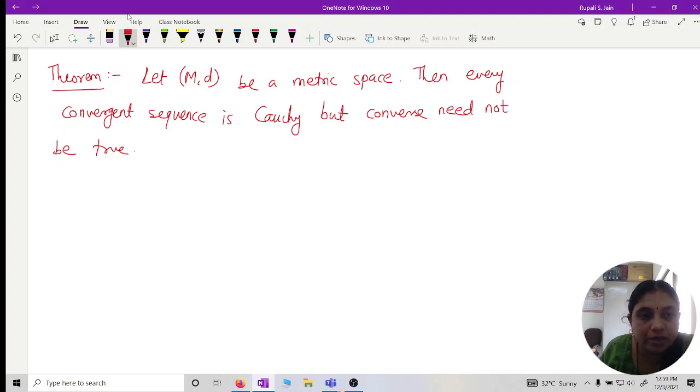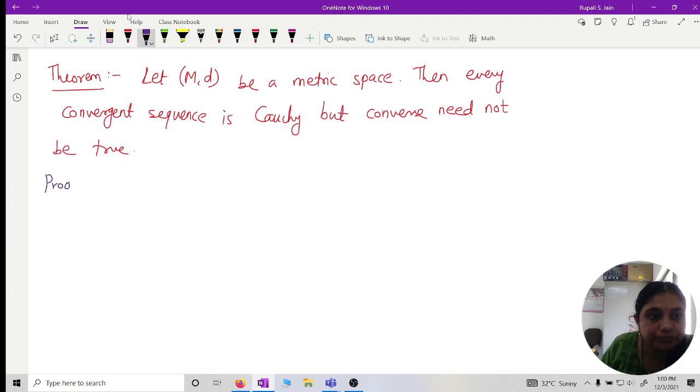But in a general metric space, every convergent sequence is Cauchy, but the converse is not true. Okay, so we have to prove it.